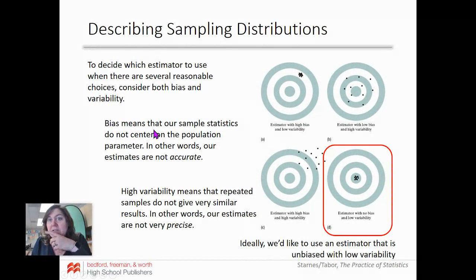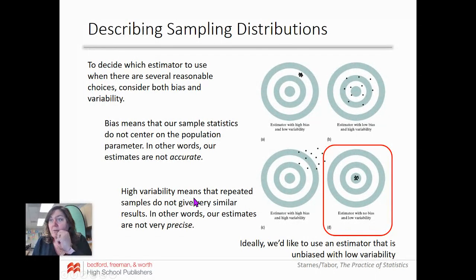Bias means, and I want you to see the difference here, that our sample statistics do not center on the population parameter. So this one has bias, and there's nothing centered around what we want. Our estimates are just plain old not accurate at all, way off.